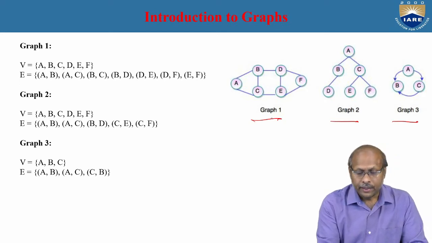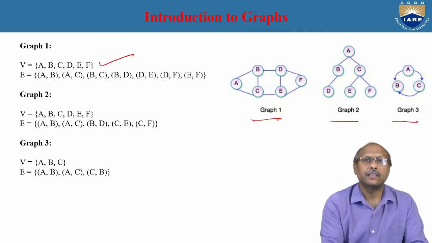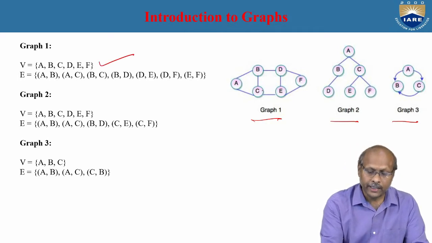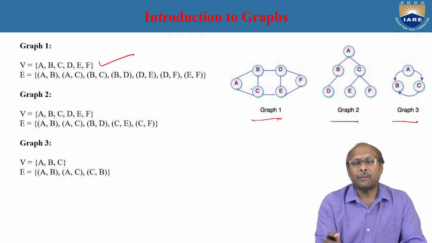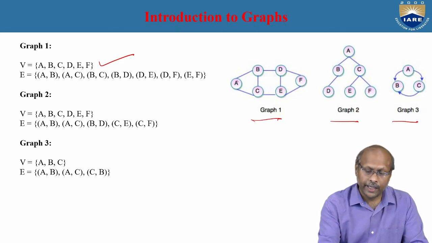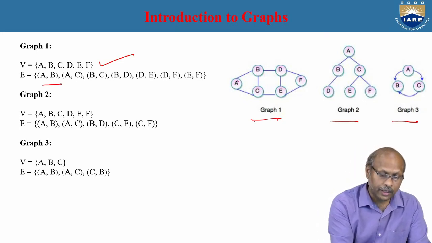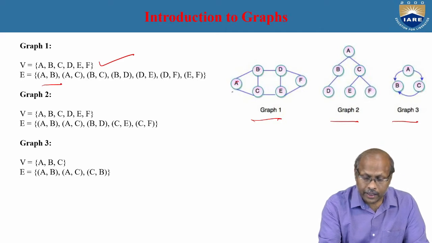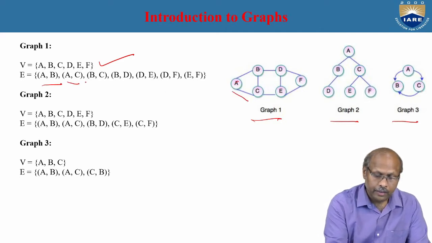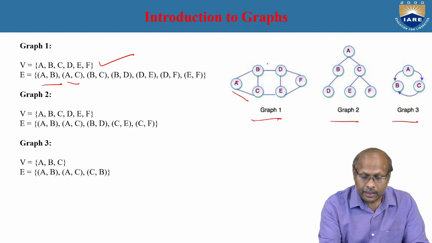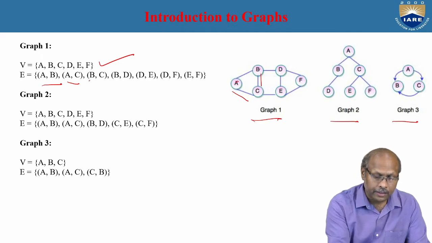Please observe here. In graph 1, the vertices are A, B, C, D, E, F. That means there are 6 vertices. And how many edges? I told you an edge is represented by neighbor nodes. So A and B is one edge. A and C is another edge. B and C is another edge here.